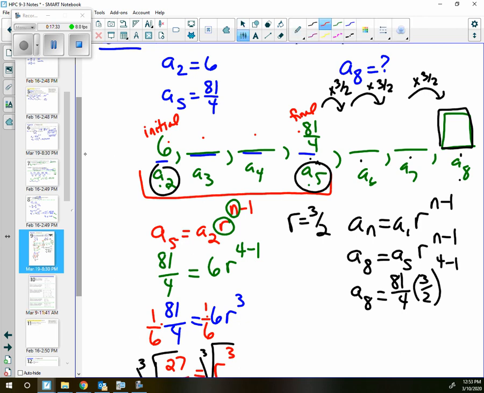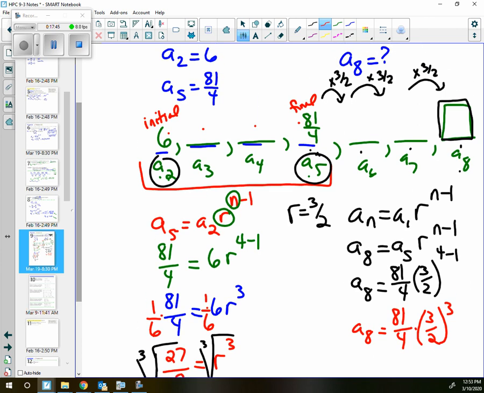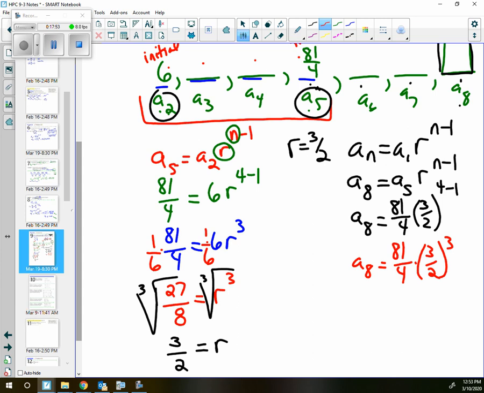Now, if you take a look at it, that would be cubed, right? So 81/4 times 3 halves cubed. So when I do the 3 halves cubed, take a look and see what that means. That means you're going to multiply by 3 halves 3 times. Well, yeah, of course, that's exactly what it'd be if you multiply them separately. So the 8th term then, if I do my simplifying, I'll do it as an exact, would be 2187 over 32. So I have that 8th term.